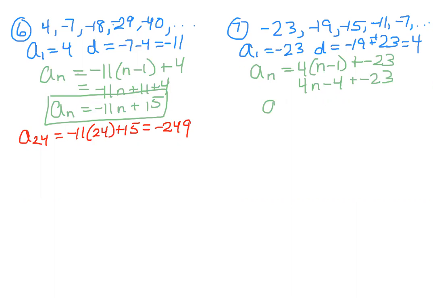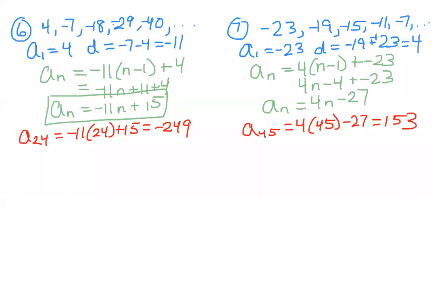And we get AN equals 4n minus 27. And to find the indicated term here, which is A45, we're going to say 4 times 45 minus 27, and we get 153.